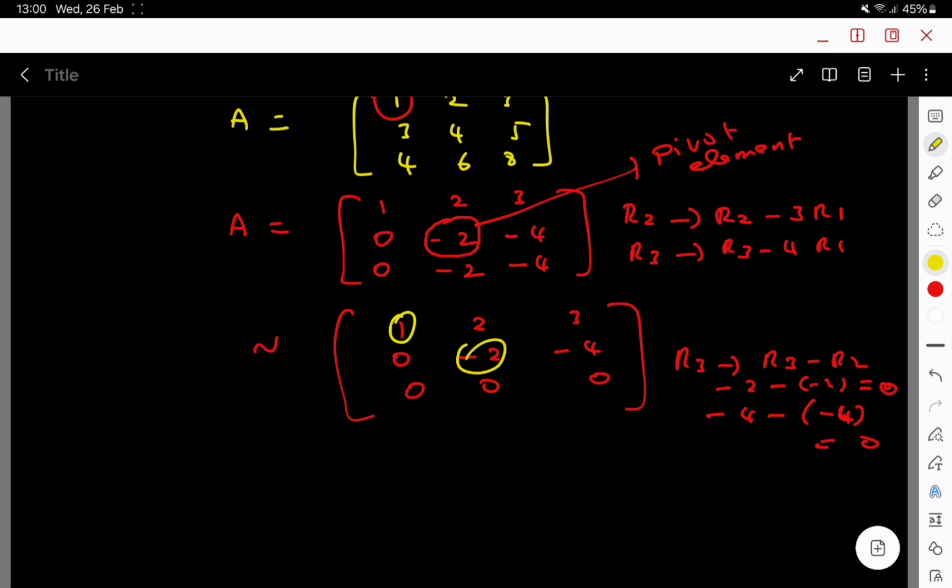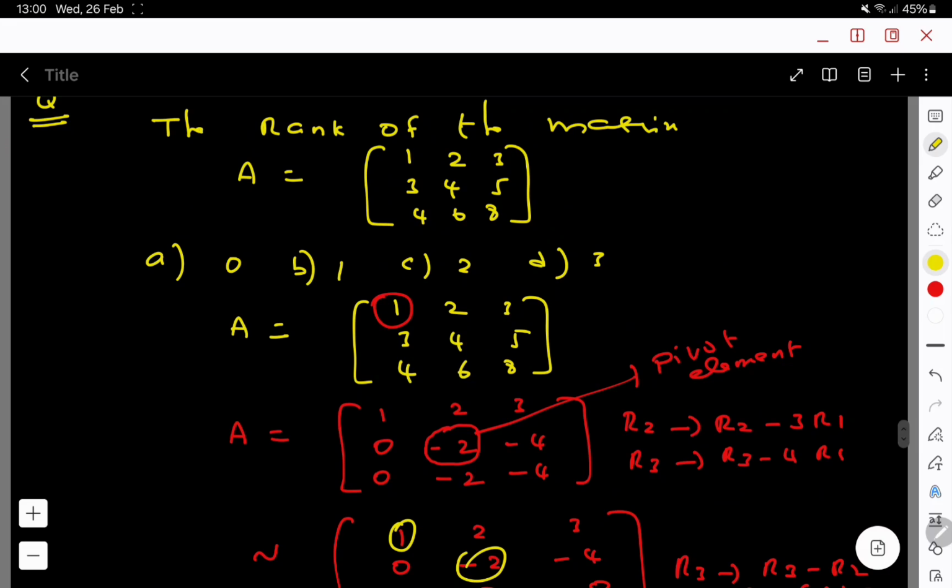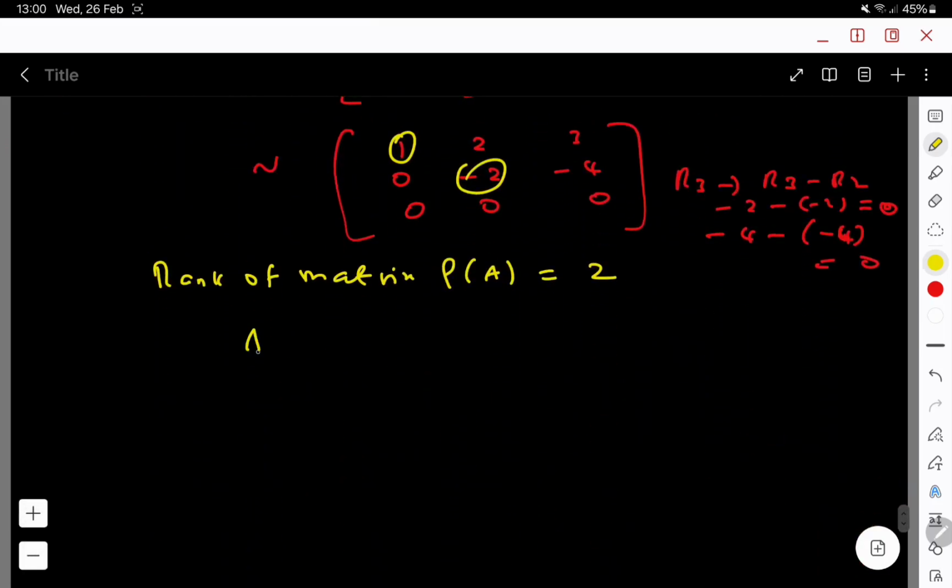So the rank of the matrix, rho is the symbol used for rank, is equal to 2. Which option is correct? C option is correct.